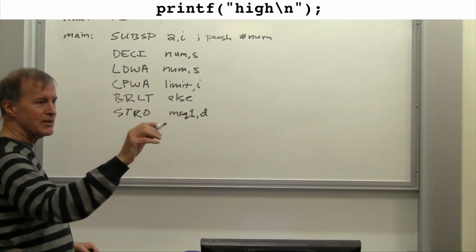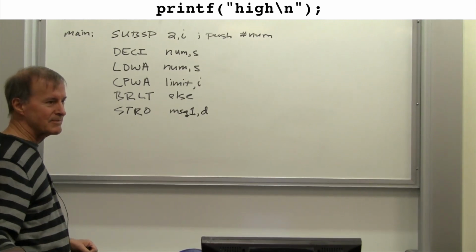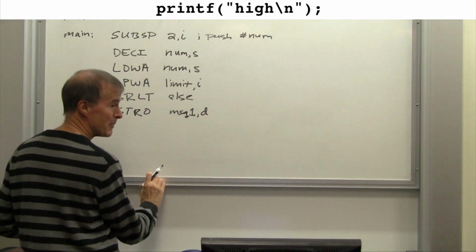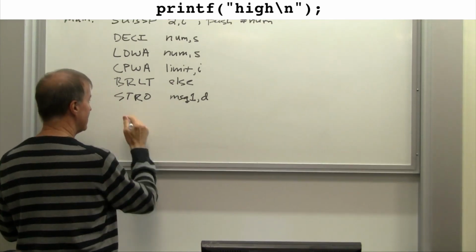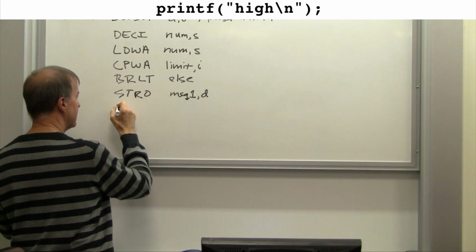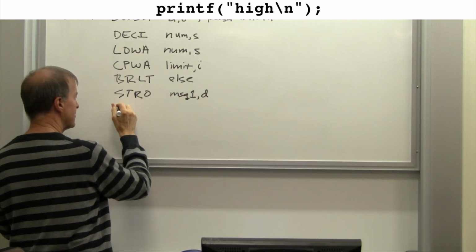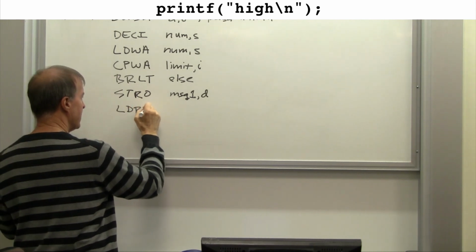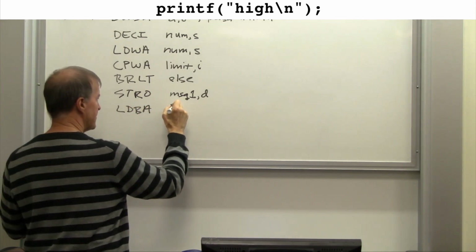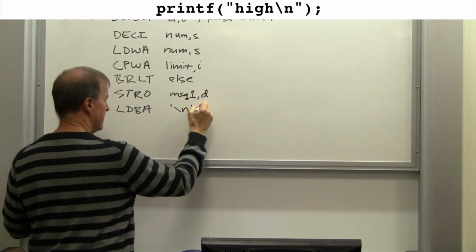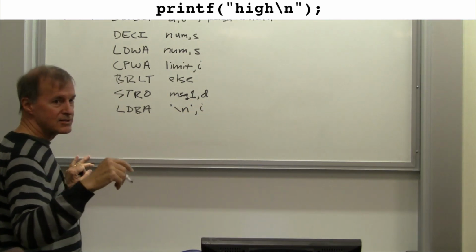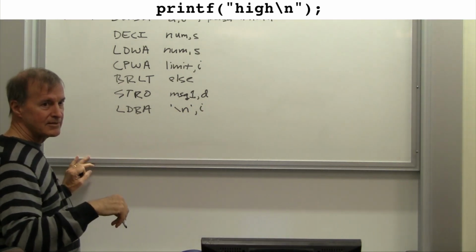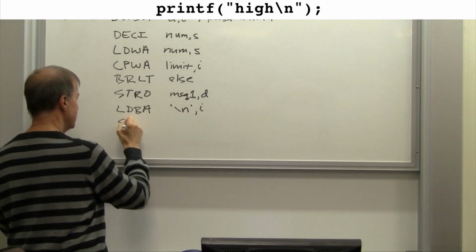Next, you have to output the backslash n. Now this is memory-mapped I/O, so what do we have to do here? Not store byte. Load byte. So load byte accumulator, what? Backslash n, immediate. And now, do you know how to get this to the output?